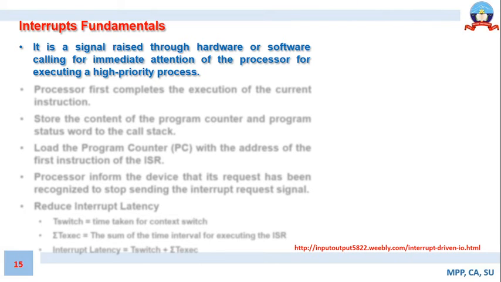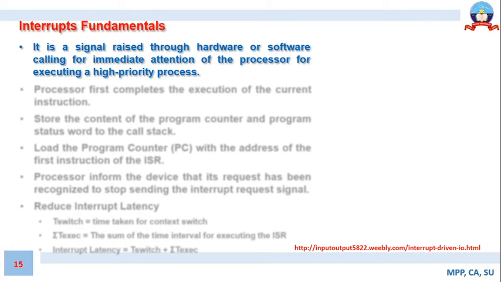Now, when a processor receives an interrupt, what does it do? One thing that a processor might do is ignore the interrupt, or it might attend to the interrupt. Based on the priority of the interrupt, the processor may or may not attend to it.